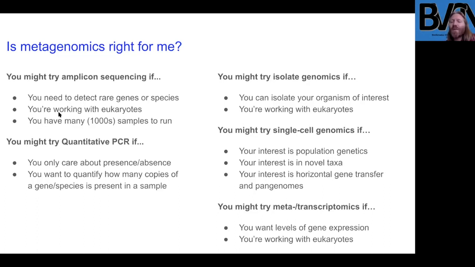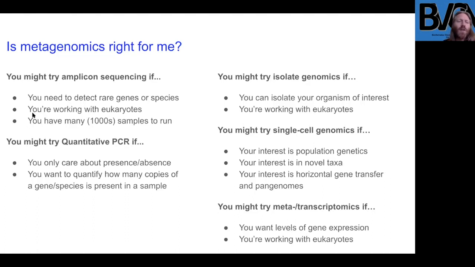Finally, you might want to try meta transcriptomics or transcriptomics if you want the levels of gene expression, or again, if you're working with eukaryotes. There have been some nice studies, for example, in the Terra Oceans data set, where looking at the differences in gene expression across ocean regions is much more interesting than looking at the differences in the metagenome content of the organisms, because their gene expression patterns tell you a lot more about what they're actually doing than what their potential is, which is all we get from metagenomics.